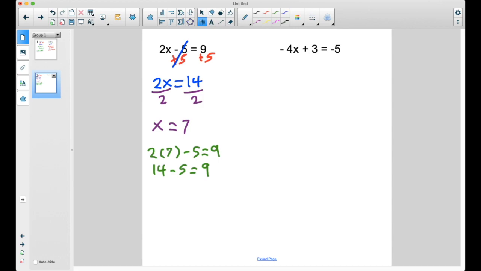And we know that 14 minus 5 is in fact 9. So once again, the left-hand side is equal to the right-hand side.